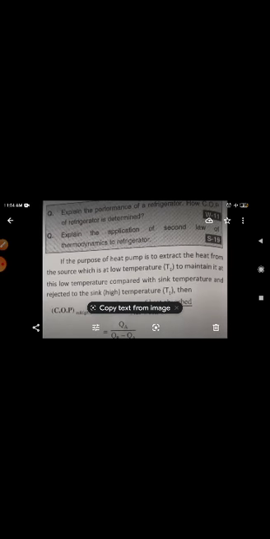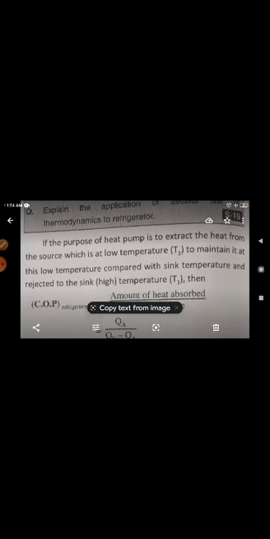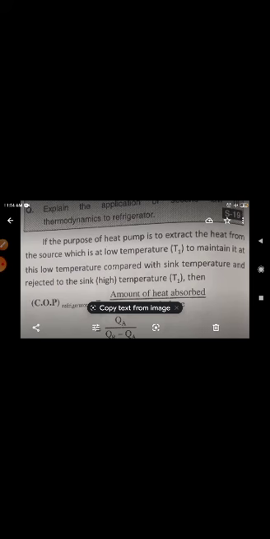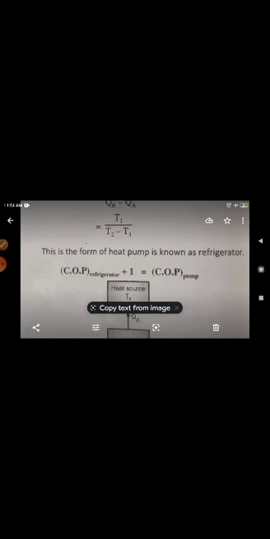Then the refrigerator is given over here. If the purpose of the heat pump is to extract heat from the source at lower temperature to maintain it at low temperature compared with the sink temperature, and reject it to the sink at higher temperature, then COP of the refrigerator is the amount of heat absorbed upon net work done. This form of heat pump is known as a refrigerator.